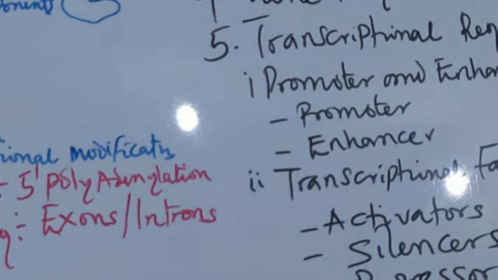Apart from the activities of promoters and enhancers, we also have transcriptional factors. As I told you, they are of different types, like TFII, TFIII. Each of them has its own functions as well. Some of them, wherever they bind, will act as silencers. That is, they put the gene on silent mode.